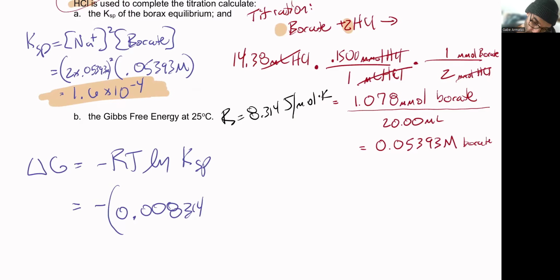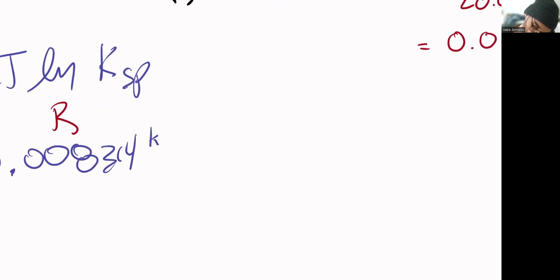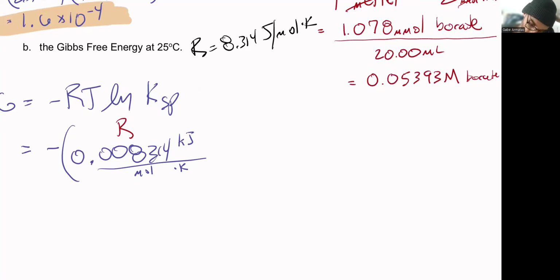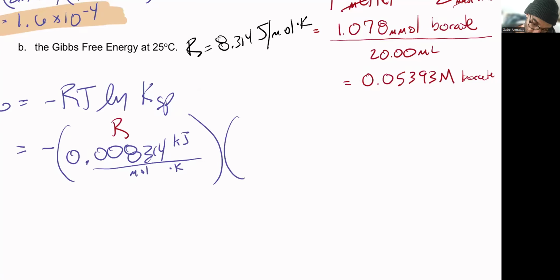And so this value is just simply me converting to kilojoules, dividing by 1,000 beforehand. So 8.314 kilojoules per mole Kelvin, times the temperature. Is it 29 or 25 degrees, which is 298 Kelvin? So I'll plug that in, 298 Kelvin. That's my temperature.